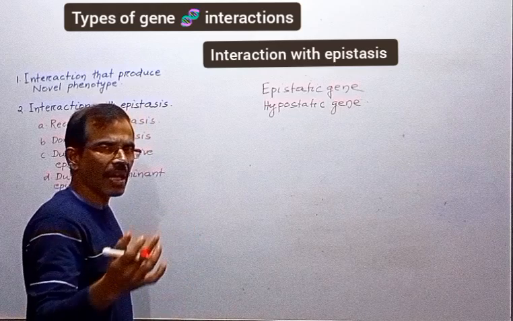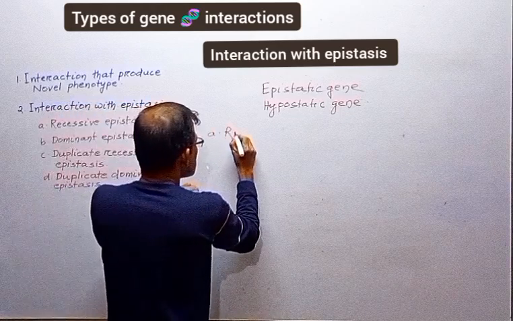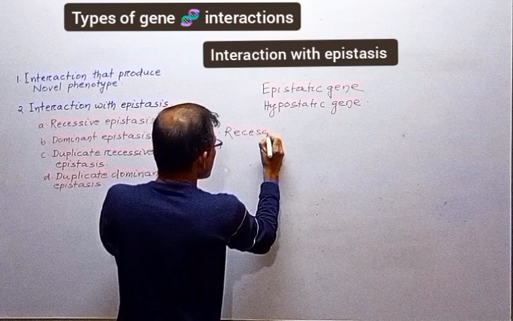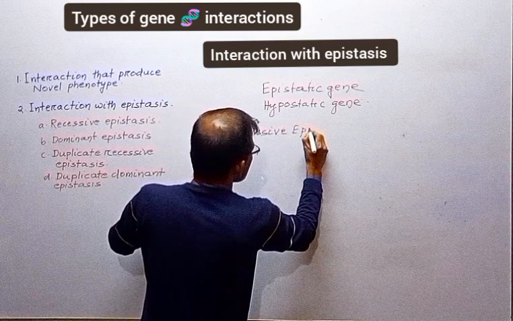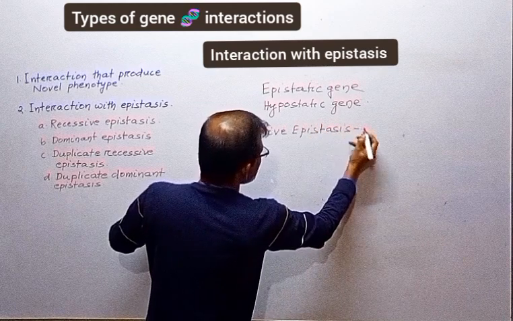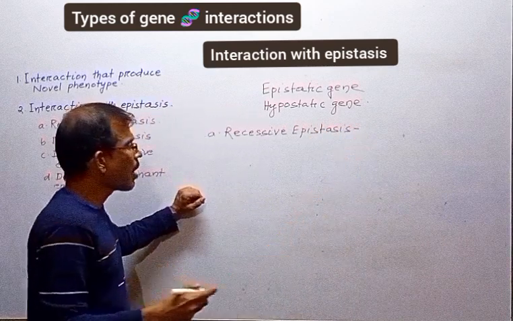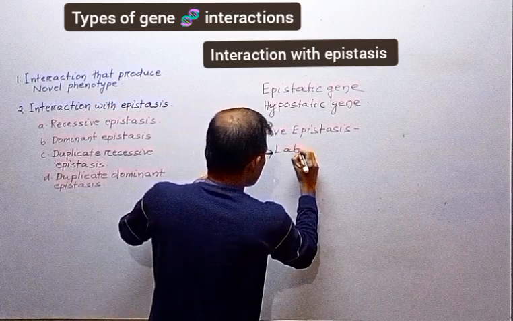There are different types of epistasis. First one is recessive epistasis, which is seen in the genes that determine coat color in Labrador retrievers.